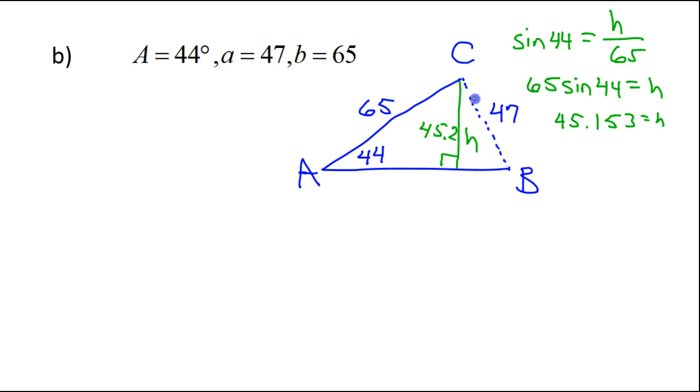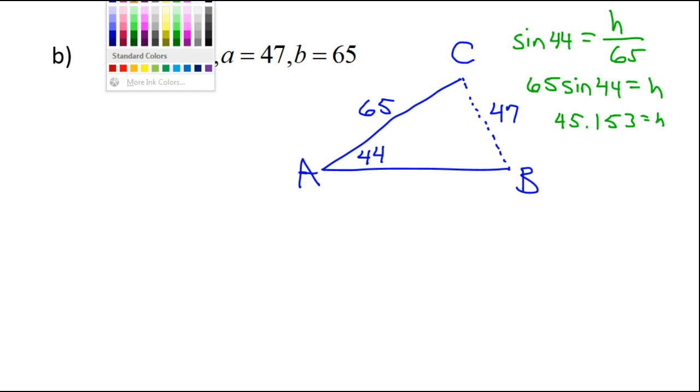Is this rope long enough to reach the other side? Yes, it is. The height is only 45.2, but my rope is longer than that, length 47. So the rope will reach to the other side, and I will have at least one triangle. Now I have to ask myself, okay, I have one triangle, but will there be two triangles?